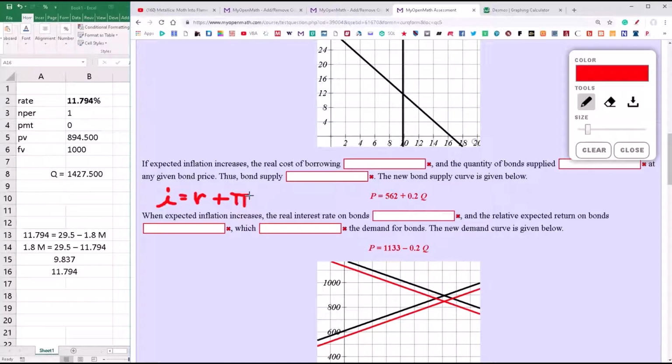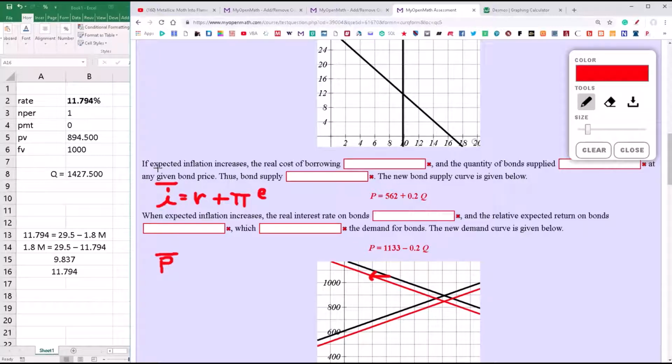And remember, when we're shifting a demand curve, like we are here, we're going horizontally, so we're assuming prices are constant and interest rates are constant.